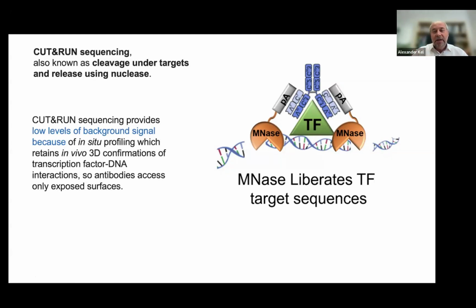You cut the DNA in the places where the transcription factor is binding, or in the places of your interest. For instance, if your antibody is not towards a transcription factor, but to a particular methylation or acetylation status of nucleosomes, then you can also cut those regions and see whether they are in a particular status of methylation or acetylation.